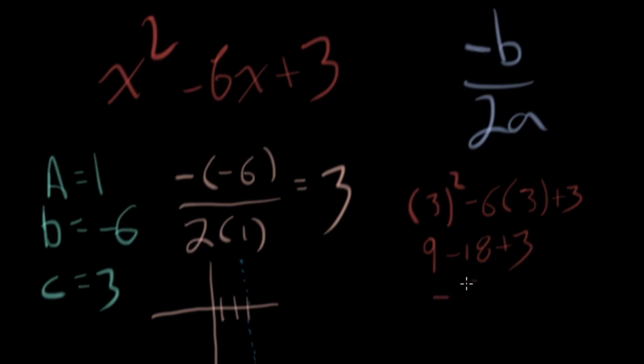So I get -6, I believe. And that's going to be my y coordinate. So I'm going to get 3 comma -6. So that's going to be the vertex. It's going to be down here somewhere, and it's going to open up just nicely like this. It's going to be opening up, and there we go.